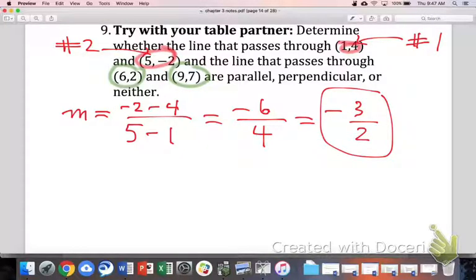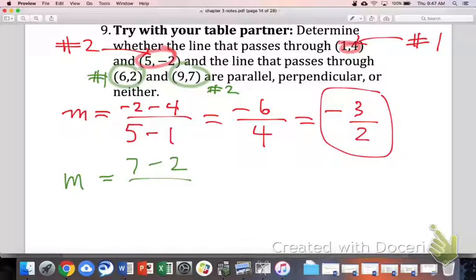And now, as Jake suggested, we're going to try to find the slope of the green line. And so I'm going to call this point number 2 and this point number 1. Again, to be consistent, Cole, what would be my y2? 7. That is correct. And Emily, we're going to go 7 minus 2. Very good.